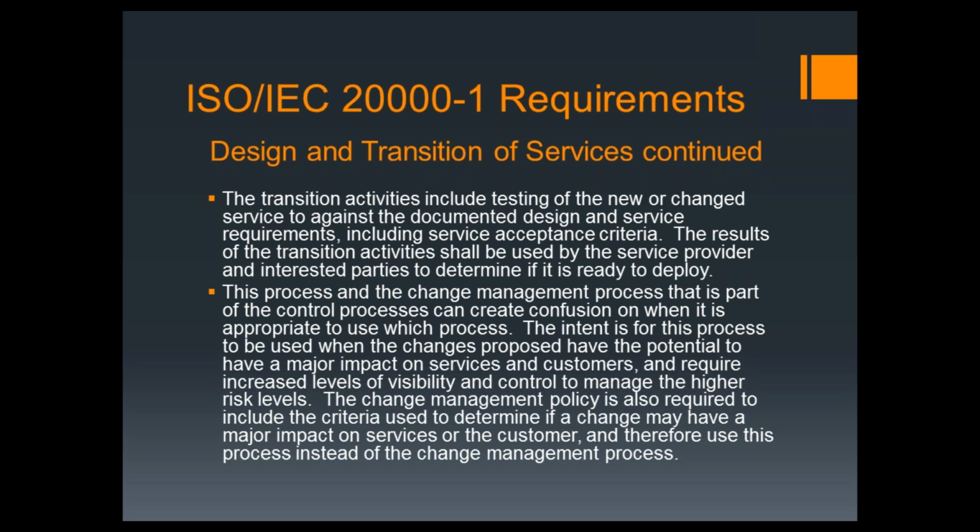So that should help clear up any confusion, because you yourself as a service provider have to decide what constitutes a major change and what constitutes a not major change.